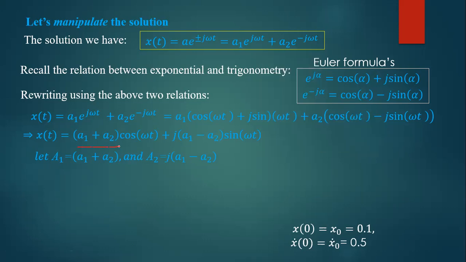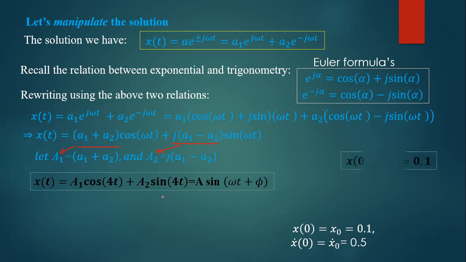So this component is substituted by A1, and this is substituted by A2. Then we can get this equation. By applying these initial conditions, x naught is equal to A1, that is 0.1, and x naught dot is equal to A2, which is the initial velocity v over omega.